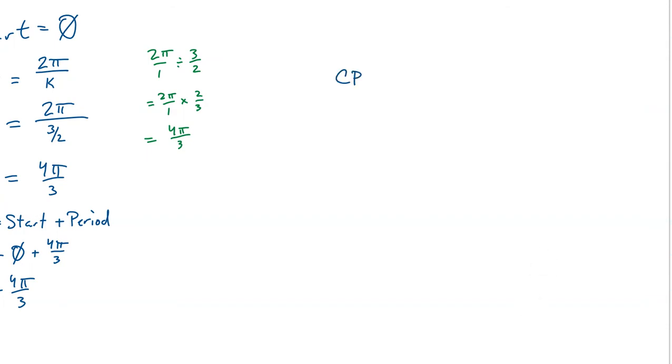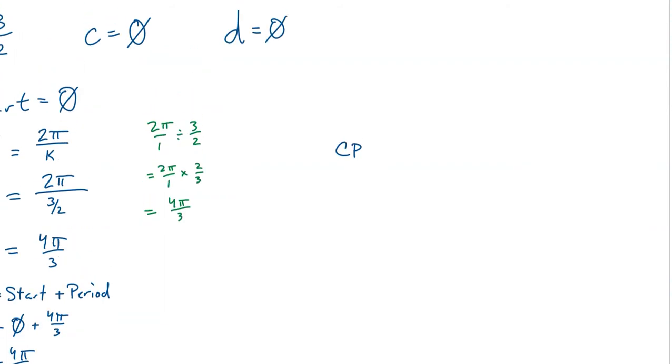I calculate this thing called the critical point distance, the distance between critical points. The critical points are those 5 critical points that we have to plot. I want to calculate the distance between them.